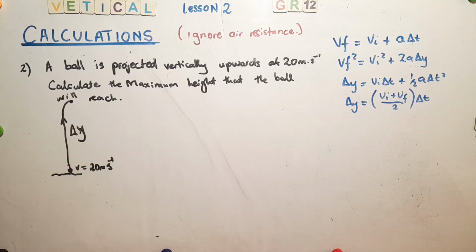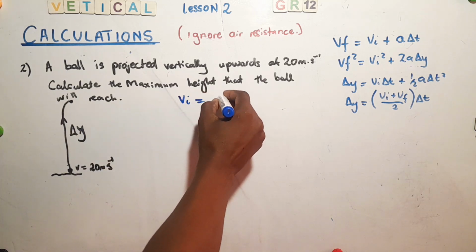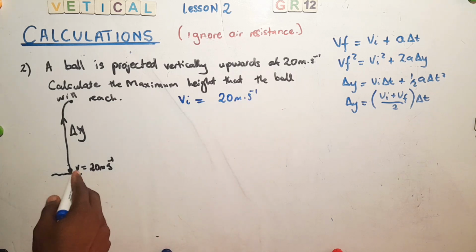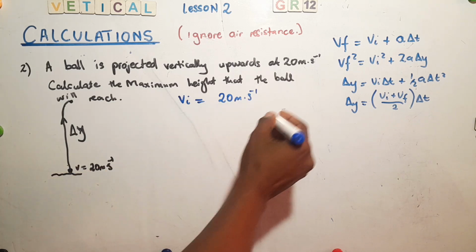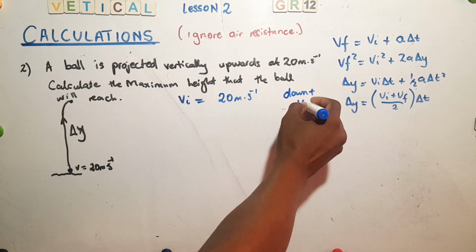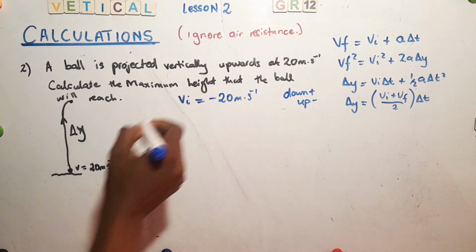So let's write down whatever that we know. We have our initial velocity as 20 meters per second. But you can see that this is going upwards, and already we said we are going to take downwards as positive in these videos, right? So this becomes negative.